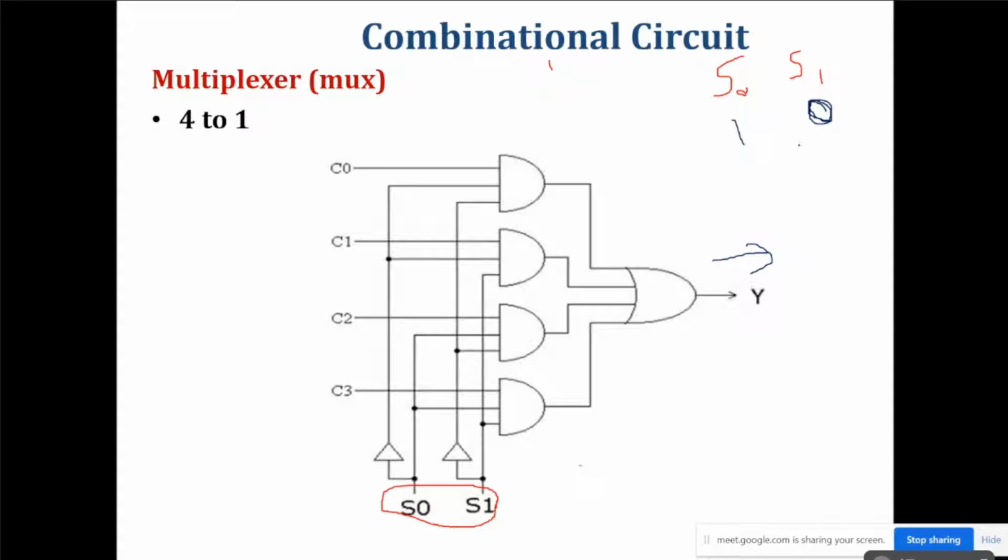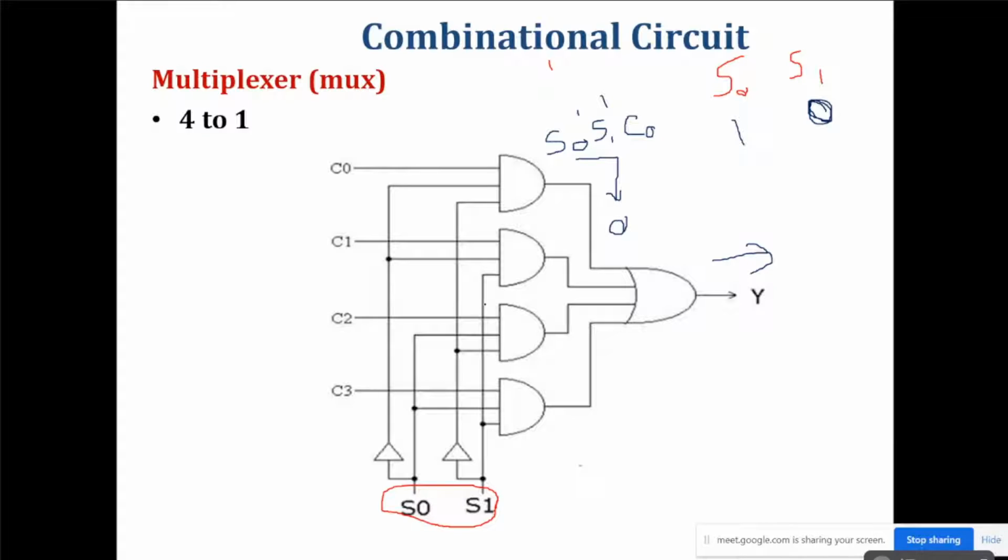For S0 dash S1 dash C0, what will be the value? It will be 0.